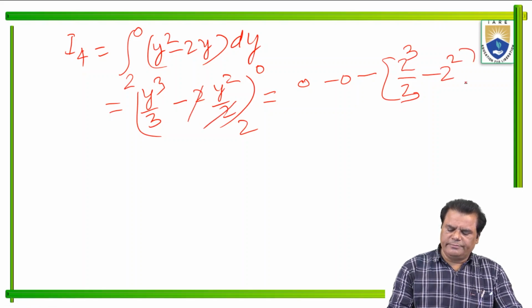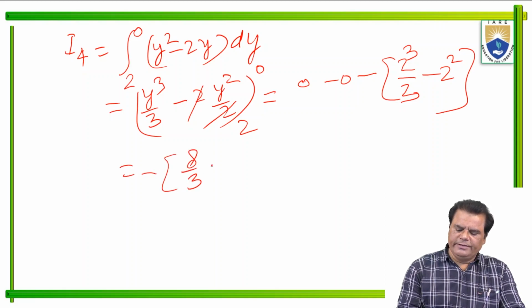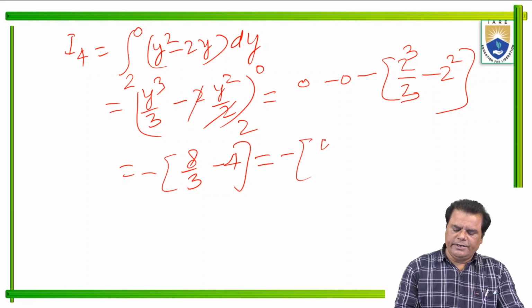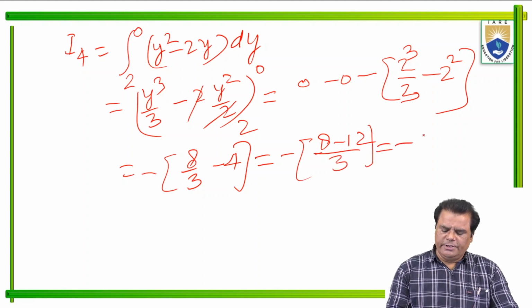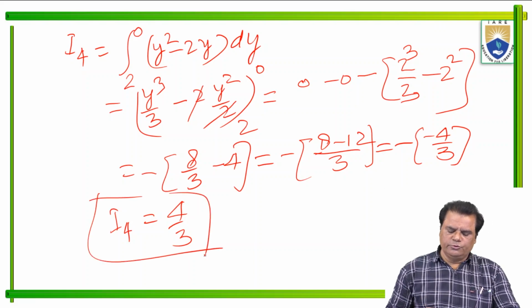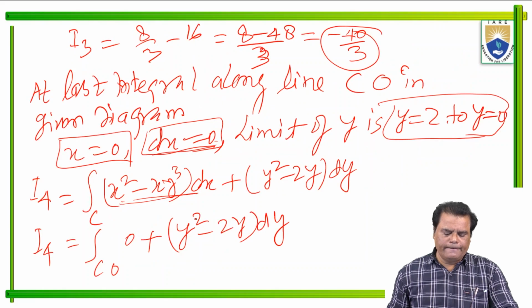So this equals minus 8 by 3 and minus 4, which is minus 8 minus 12 by 3, so minus 4 by 3, and with the reversed sign this equals 4 by 3. This is the value of I4.